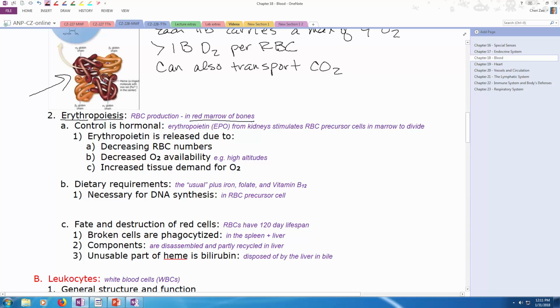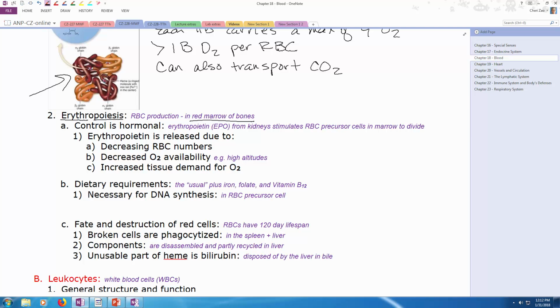And let me ask you, young adults, young and old, where is the red marrow of our bones now? Flat bones. So the flat bones of our skull, our sternum, even our ribs, and also the flat aspects of our pelvis.